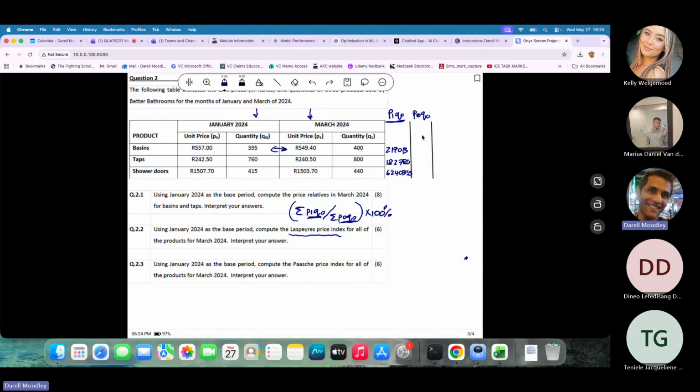It's a 0.5 there. All right, that's P1 Q naught. And then write the total of these values. So add all these three values up, and you get a total, which is 1023828.5. It's quite a big number.